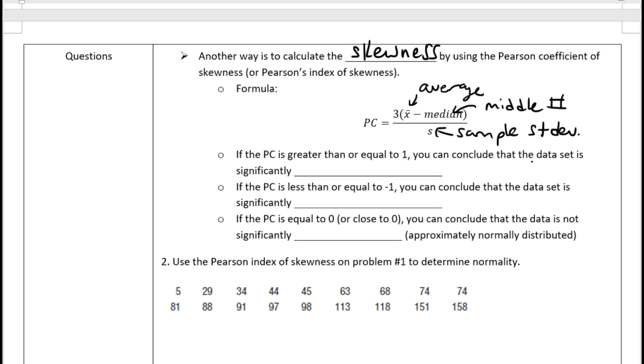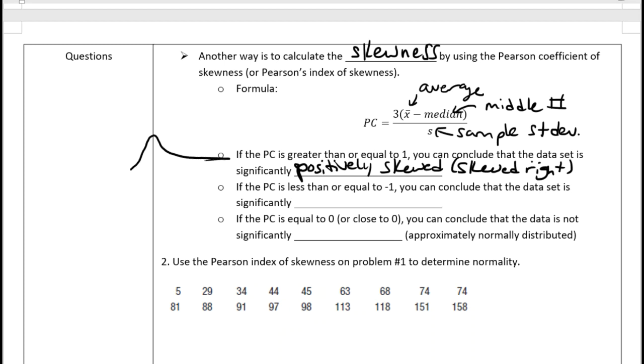Now, if you calculate this and the Pearson coefficient is greater than or equal to 1, then the data is significantly positively skewed. Positively skewed means it's skewed to the right. When it's skewed right, the longer tail is on the right side.